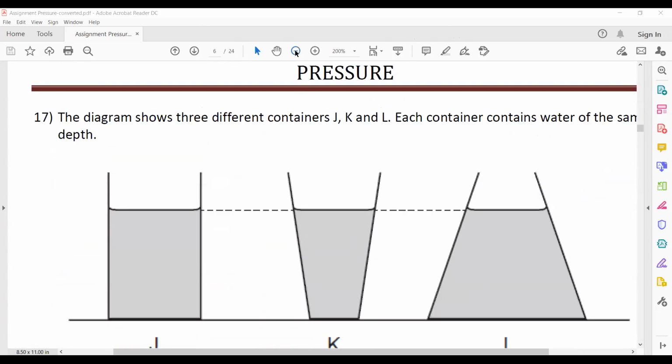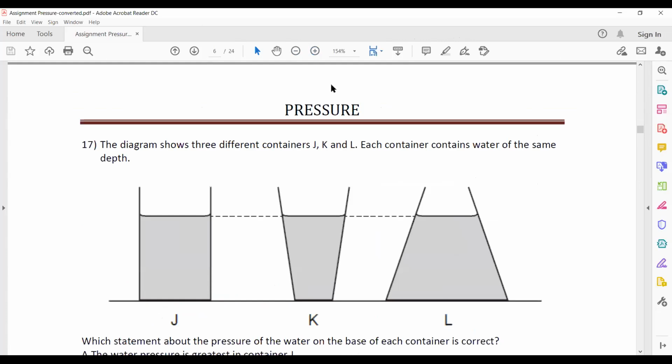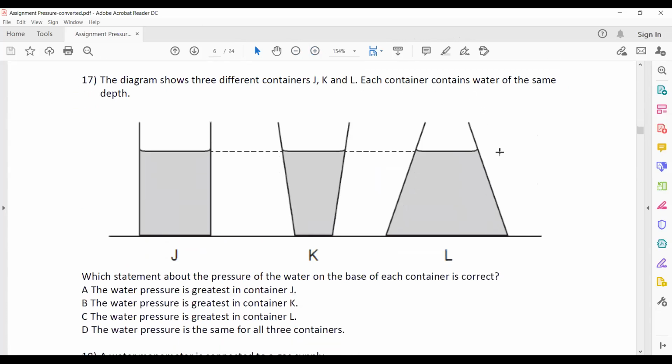Question 17. The diagram shows three containers, J, K, and L. Each container contains water of same depth. Which statement about the pressure of the water on the base of each container is correct?